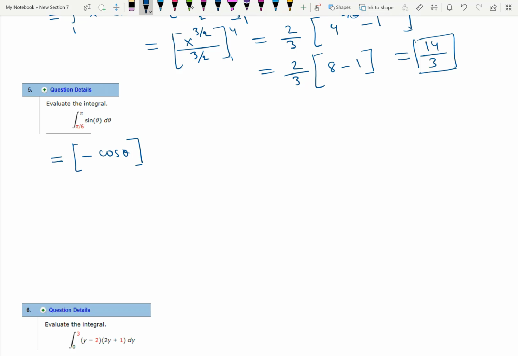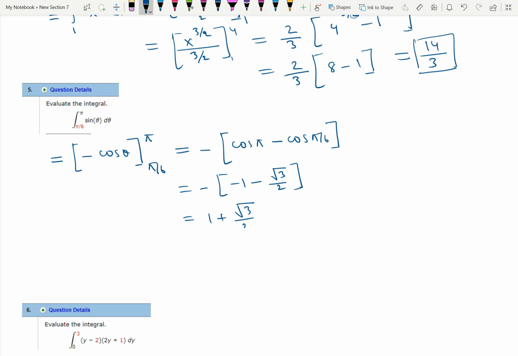Lower limit is pi over 6, upper limit pi. So negative, first plug in cosine pi minus cosine pi over 6. So minus cosine pi is negative 1, and cosine pi over 6 is square root of 3 over 2. So it is 1 plus square root of 3 over 2. So this is the answer.